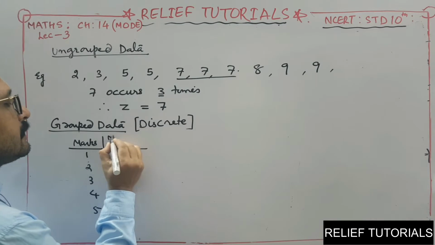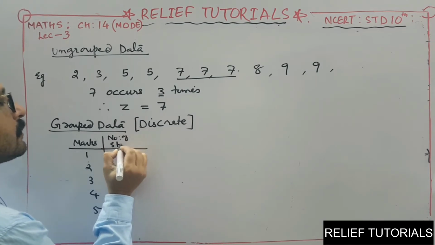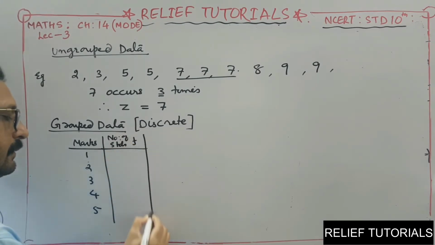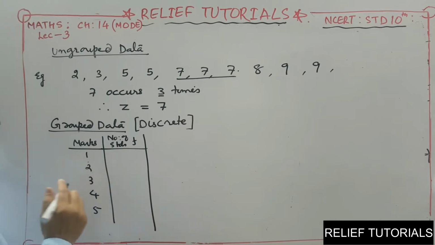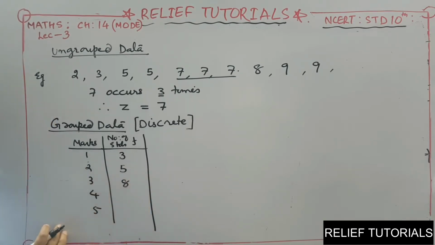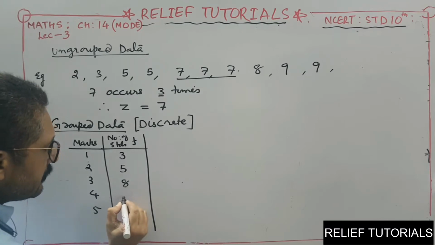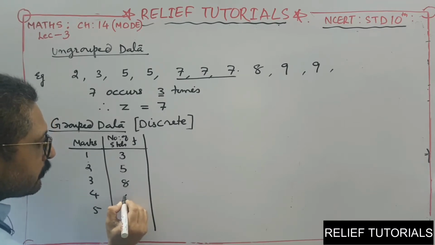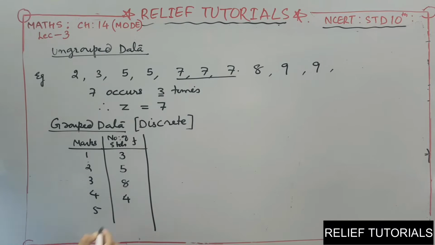Number of students, that is called frequency. So, there are 3 students who got 1 mark, 5 students who got 2 marks, 8 students who got 3 marks, 4 students who got 4 marks, and 2 students who got 5 marks.